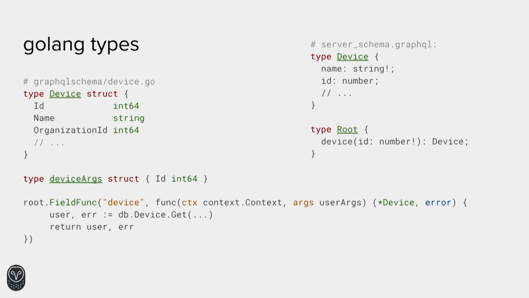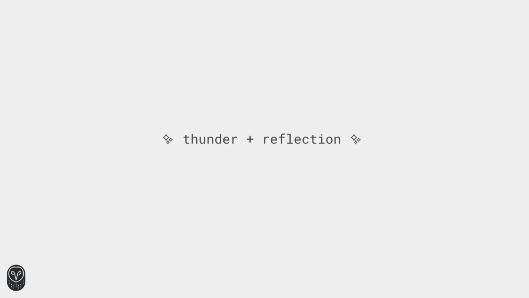And if you squint a little bit, you'll notice that this looks pretty similar to our GraphQL schema as well. It turns out that both systems have static typings, and we can actually just map the Go types to the GraphQL schema as well. And so we use this through a process called reflection. And reflection in some languages is essentially a way for a program to ask questions about itself during runtime.